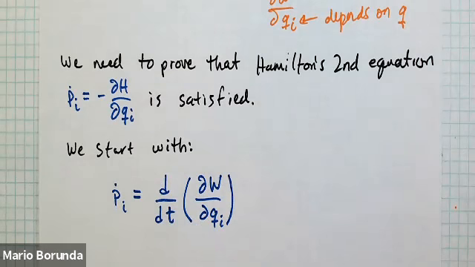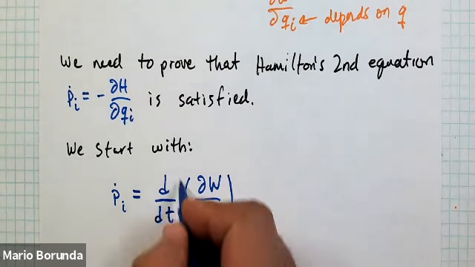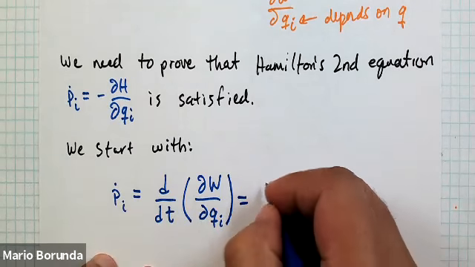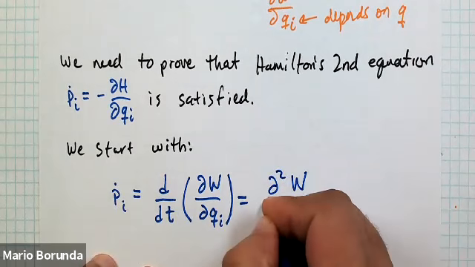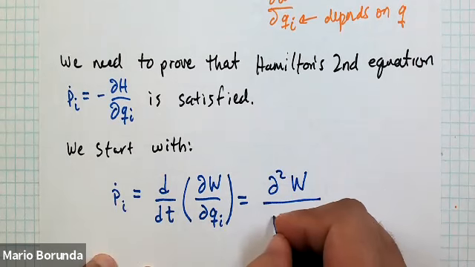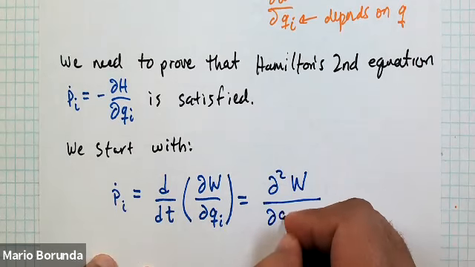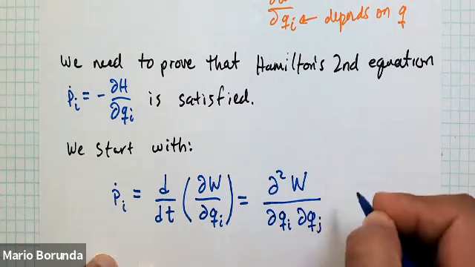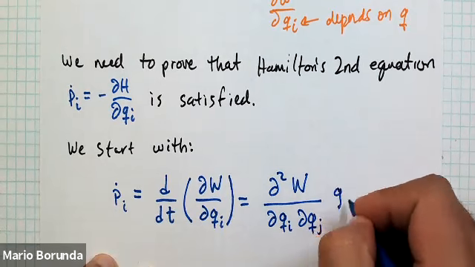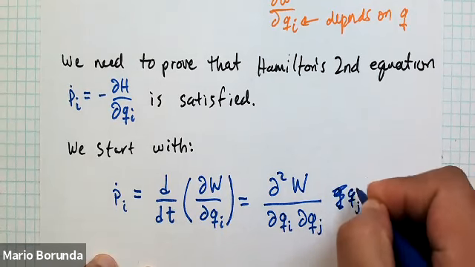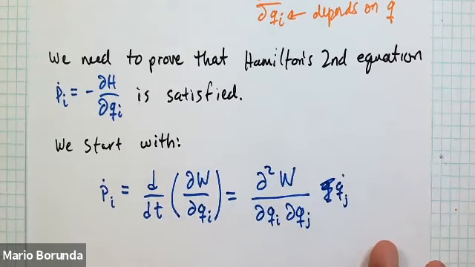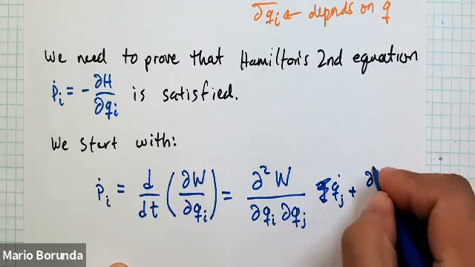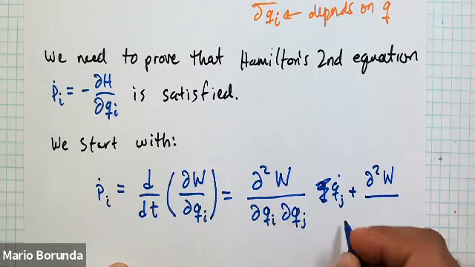If we want to do that, we can remove the full derivative by rewriting it as this. We have our qi, and then also a qj right here, and then the time derivative of qj, plus, again, the second derivative.